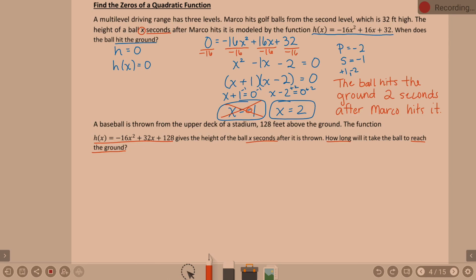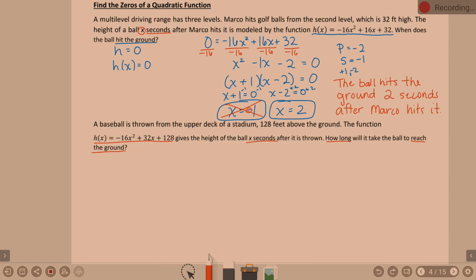Now, what's good news? Again, they gave us an equation, yes? Do we need to worry about this 128 they gave us? No, because it's already in the equation. So how are we going to find out how long it takes the ball to reach the ground? What do we know about the ground? It has a height of 0, yes? So that ball's going to go up.